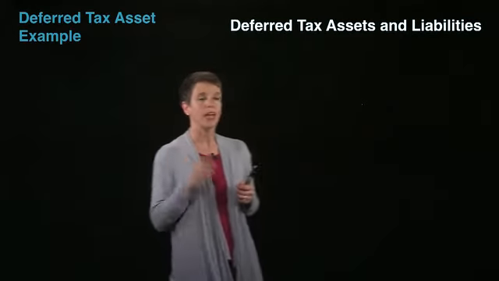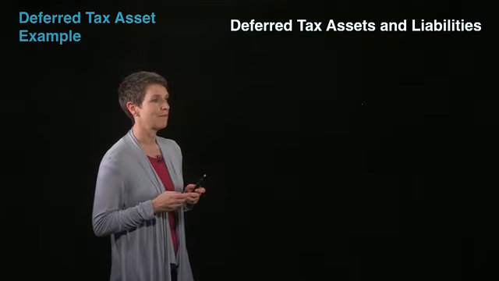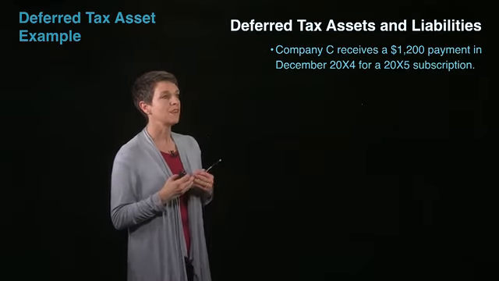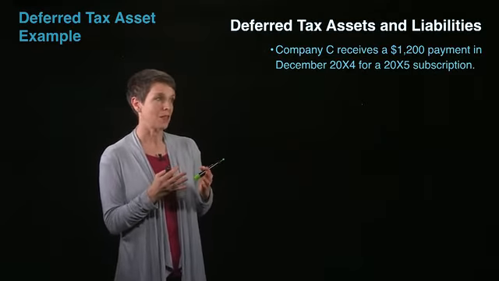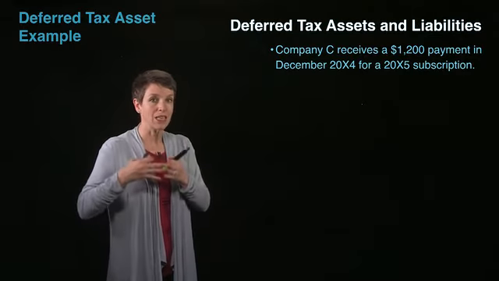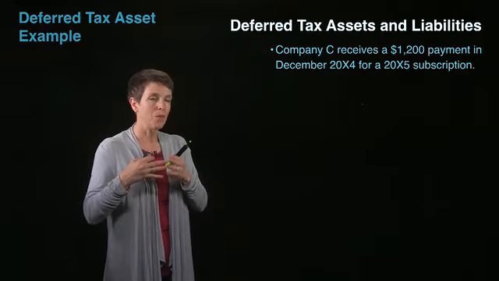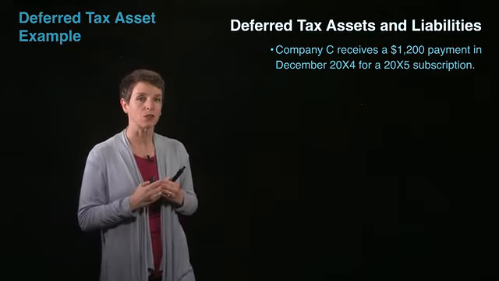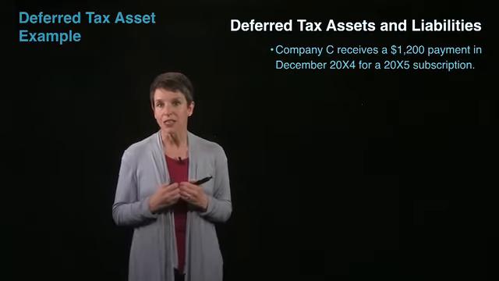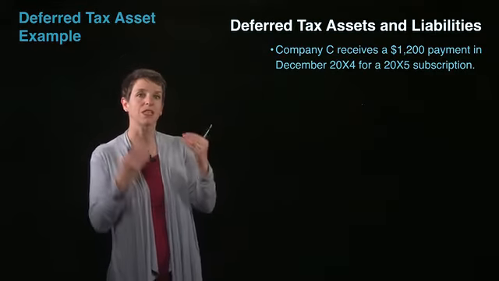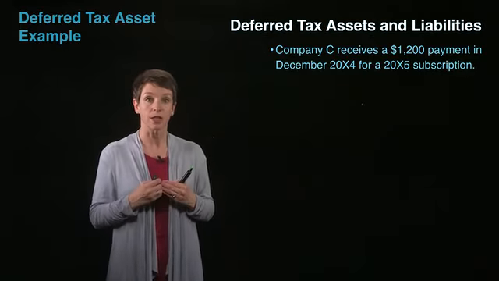The first we'll look at is a deferred tax asset. So we have Company C who's receiving a $1,200 payment in December of 20X4, so it's happening in 20X4, but it's for revenue that we will earn in 20X5. Remember, from a revenue recognition perspective, we don't get to recognize this revenue until we've done something to earn it.